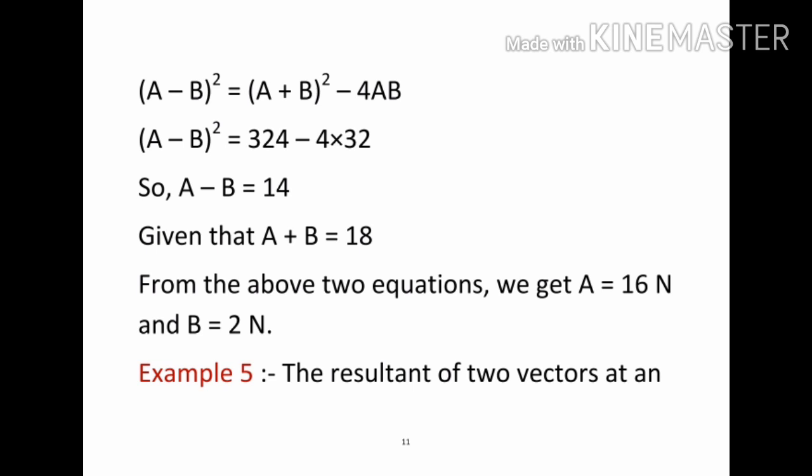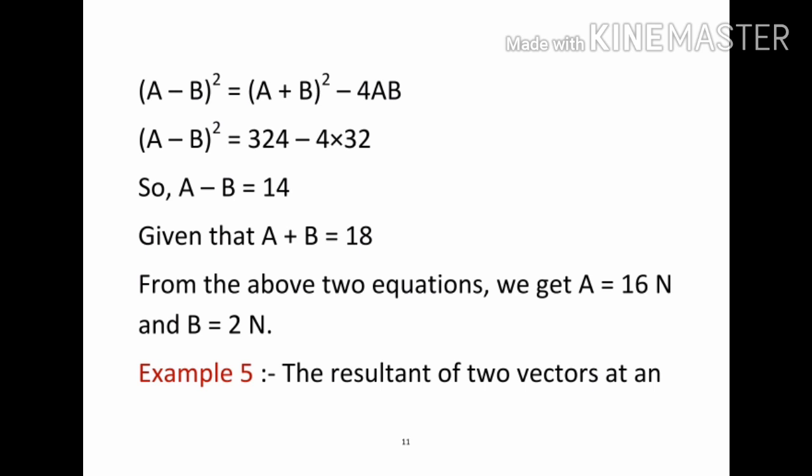And we know that A plus B is equal to 18. By adding those two equations, we get 2A is equal to 32. That implies A is equal to 16 newtons. If this is substituted in either A plus B equal to 18 or A minus B equal to 14, then you get B is equal to 2 newtons.